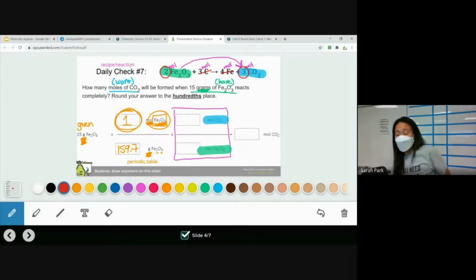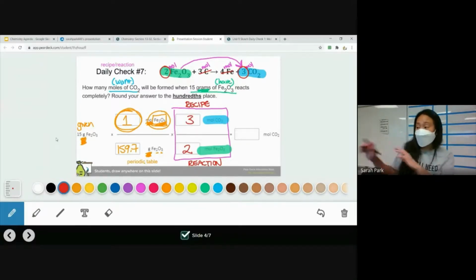And you got to make sure that you're matching. You get these numbers from your recipe or your reaction. So what number goes on top and bottom? So matching my green number and my blue number, like this. Does anybody have a question about where I got these numbers from?